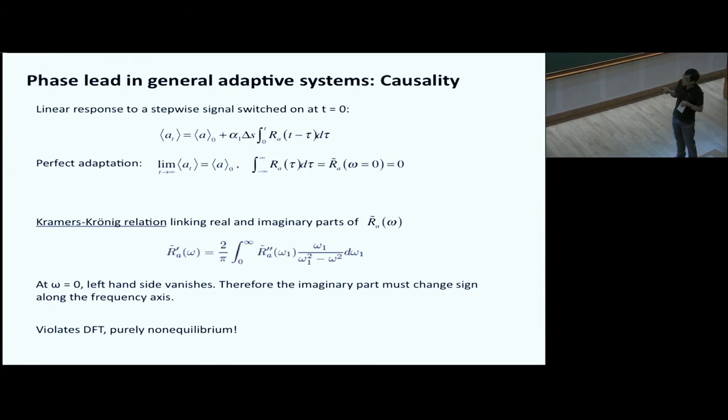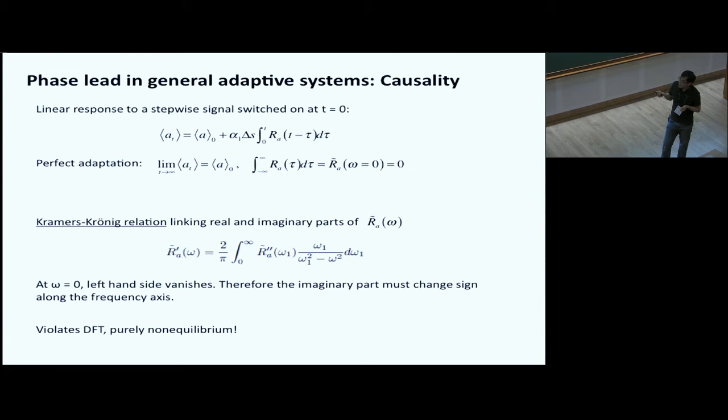Now, if that's the case, then I think all of us know the Kramers-Kronig relation, which, due to causality, links up the real and imaginary parts of the response function. In particular, the real part is given by an integral of the imaginary part.